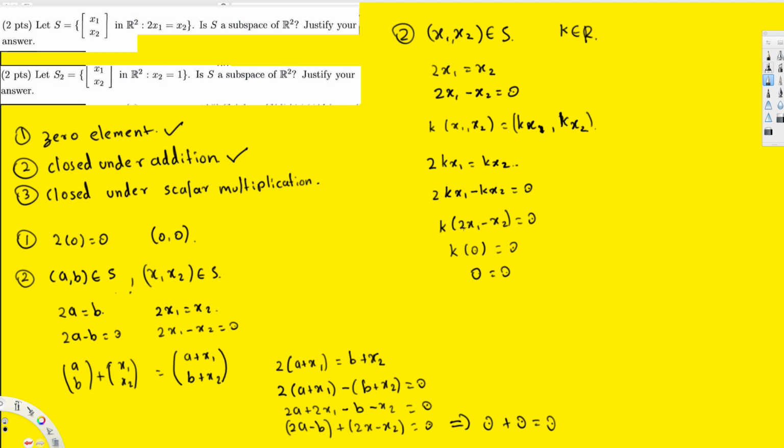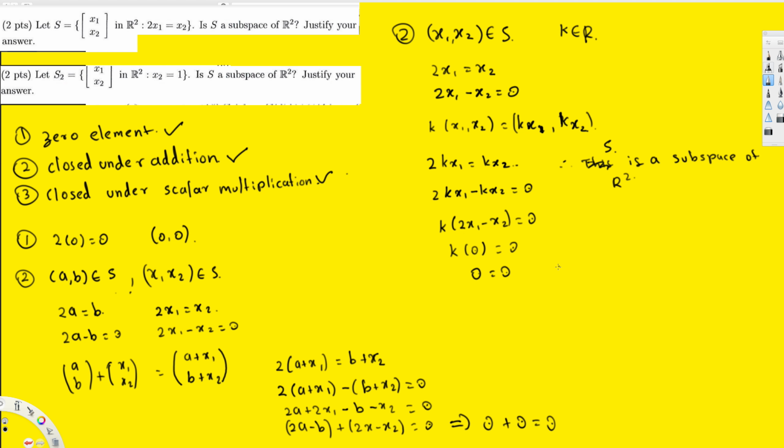If I rearrange this, it still gives 0, so that means this is closed under scalar multiplication. So this is how we prove it. Therefore we can finally state that S is a subspace of R2.